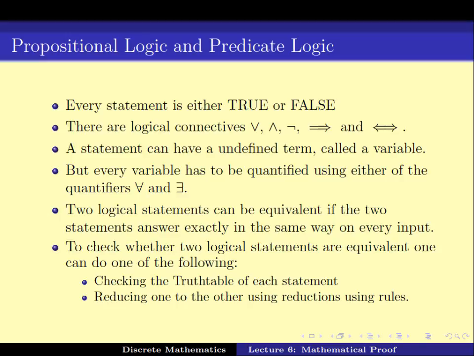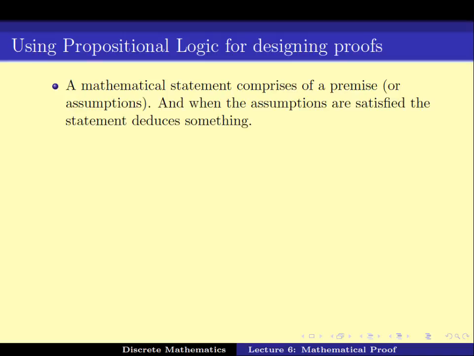So now moving on, how do you use propositional logic for designing proofs? Now, as I told you earlier also, a mathematical statement or any statement for that matter comprises of a premise, and when the premise or assumptions are satisfied, the statement deduces something.